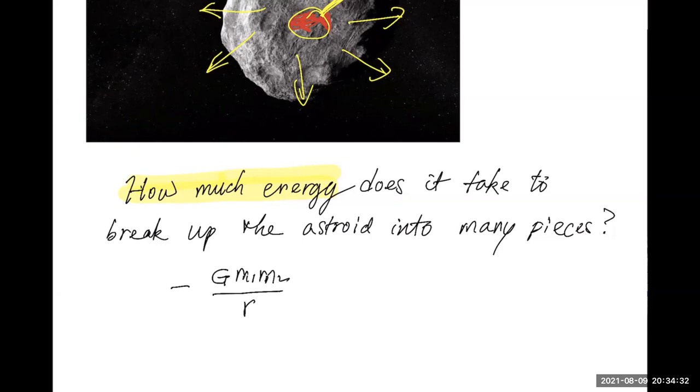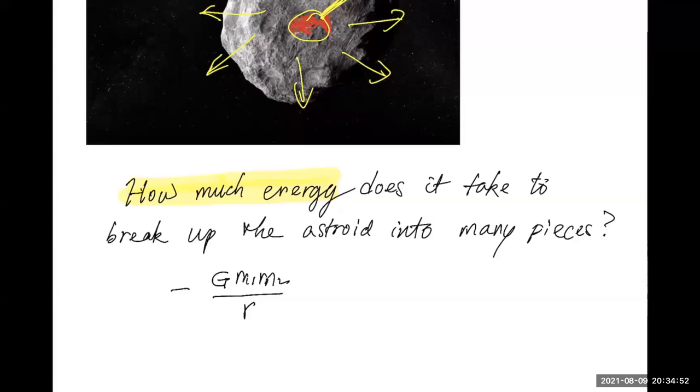You have to lift the negative potential energy all the way to 0 to make that happen, and the potential energy of this asteroid certainly depends on the shape and size of the mass. But let's say roughly the size of this thing is r, and the mass is m. Then roughly speaking, we're talking about order of magnitude G m squared over r for this asteroid.